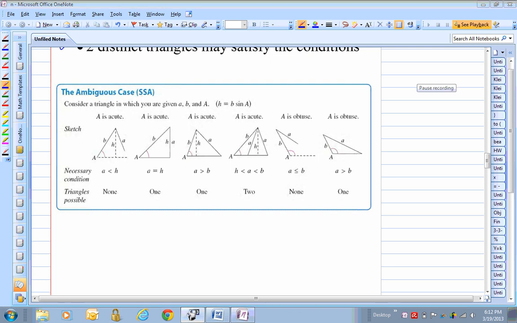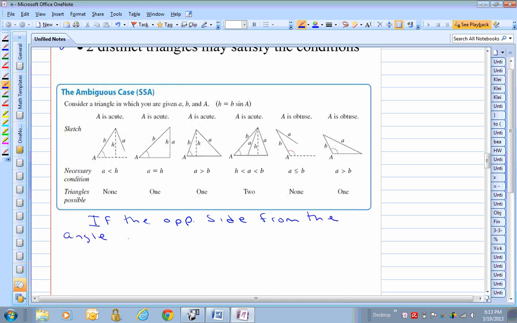One of my little hints for you, like I said, this isn't 100%, but often: if the opposite side from the angle I'm looking for is less than the adjacent side, then I have a special case.